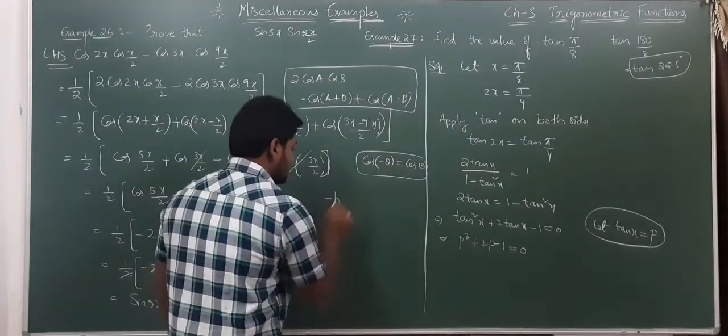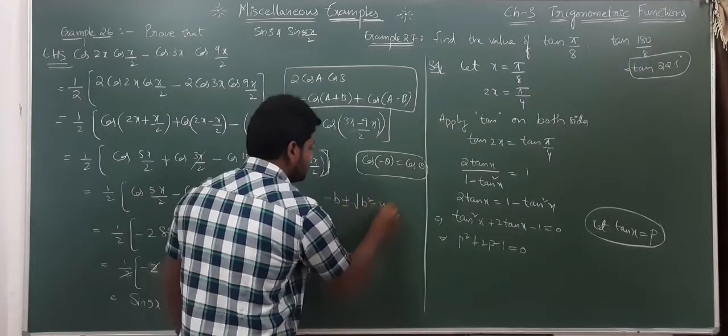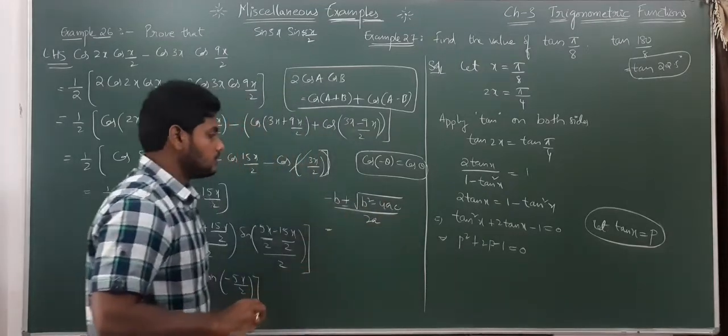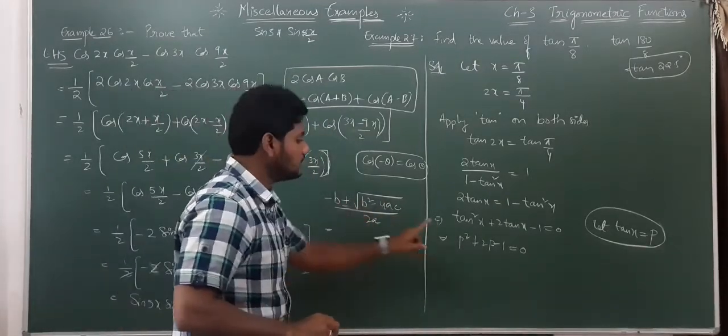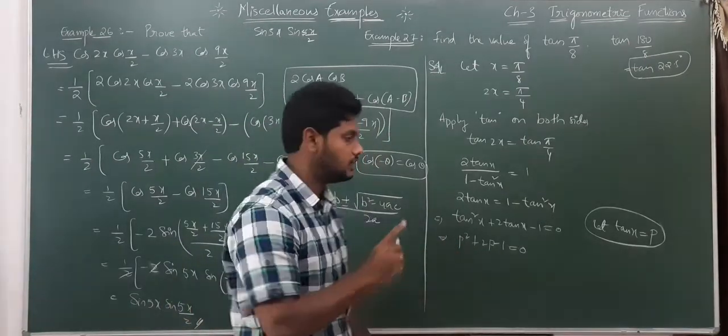That is the quadratic root formula: minus b plus or minus square root of b square minus 4ac divided by 2a. Right? So here a value is 1, b value is 2, c value is minus 1. You need to remember those.